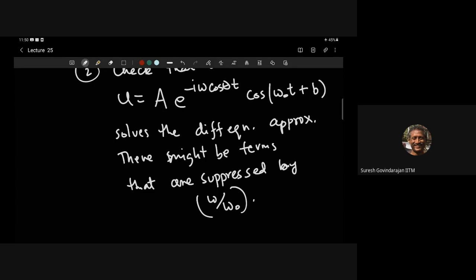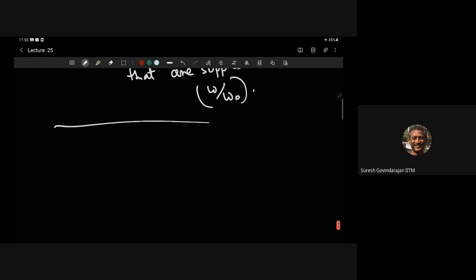And the last one is a nice exercise, an animation exercise. You want to solve the equation.